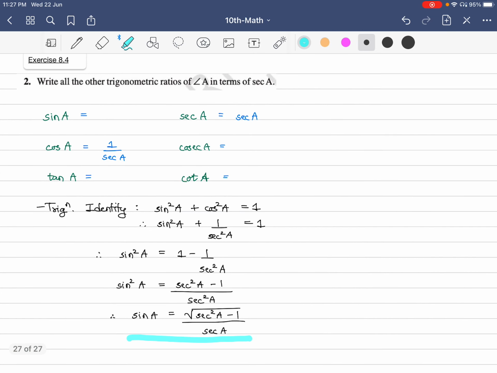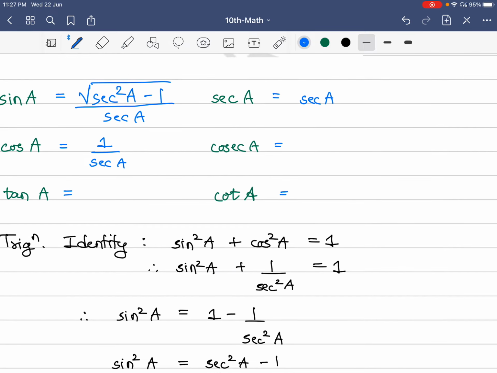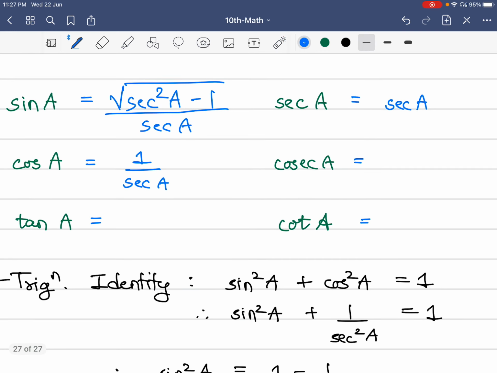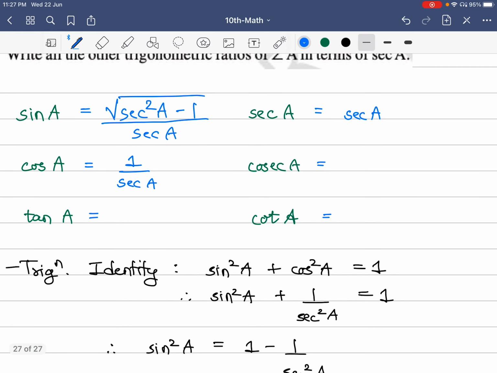So let's make a note of it here. It is basically equal to under root of sec square A minus 1, the whole upon sec of A. Yes, so this is our sine A expressed in terms of sec of A. Now since sine A is expressed in sec of A, we can express cosec A in terms of sec A, because cosec A is nothing but 1 upon sine A. So cosec A is equal to 1 upon sine A by definition, and that is the reciprocal of this expression.